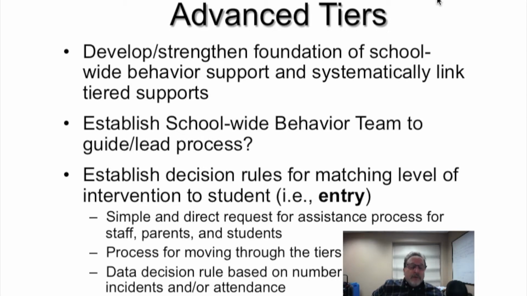I'll also note that with academics, the same is true to some degree. There's been a misunderstanding with RTI that you have to go through the tiers in a very lockstep process, and you have to demonstrate that you have not profited from at least one, if not two, tier 2 interventions before you could go to tier 3. And that's not the case.